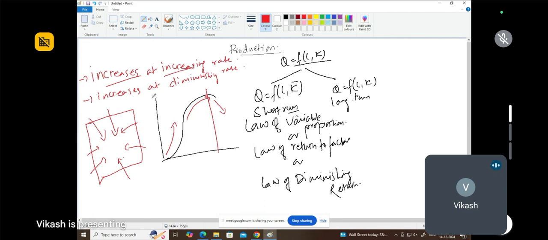But what will happen if you increase so much variable input that the teamwork becomes chaos, and that leads to a fall in productivity? Up to a certain level, if you increase the labor inputs, there will be an increase at a diminishing rate. And if you further increase the labor inputs, at last you will get the negative return.